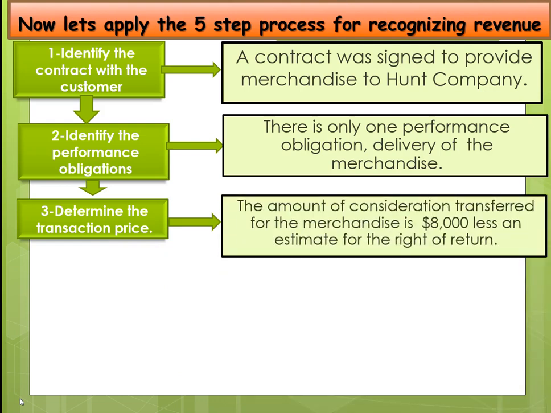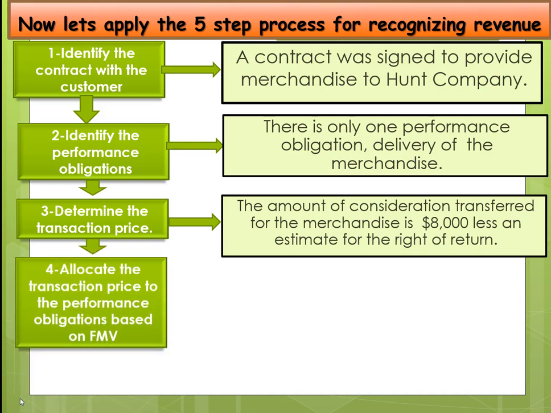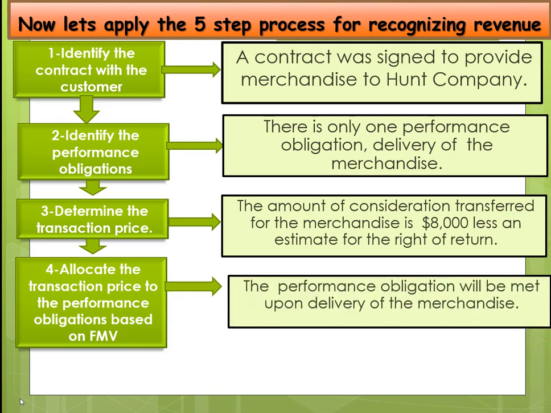In this case, it's $8,000 less an estimate for the right of return. 4. Allocate the transaction price to the performance obligation based on fair market value. The performance obligation will be met upon delivery of the merchandise, and since we only have one, we don't have to worry about allocating the price.